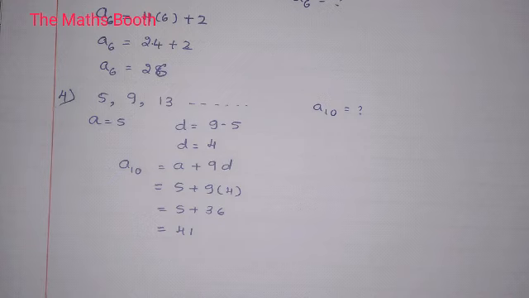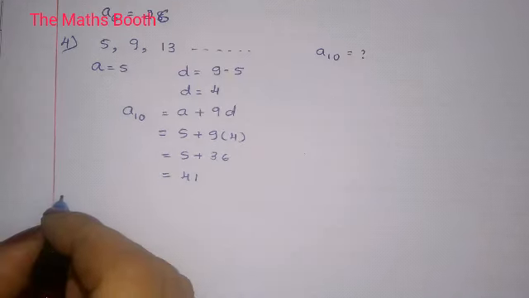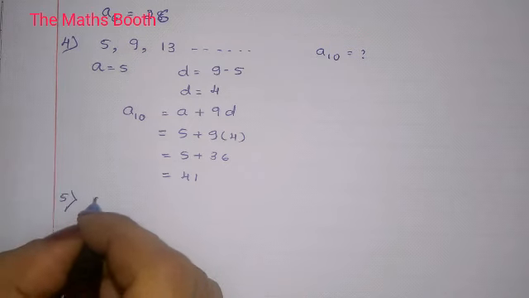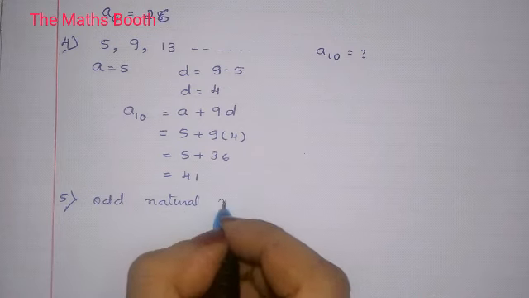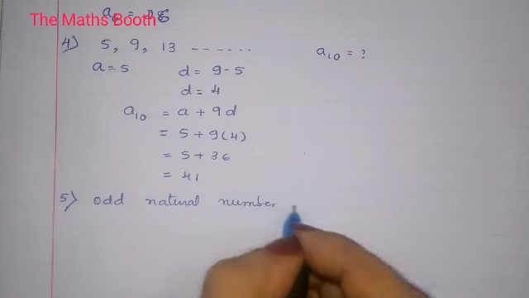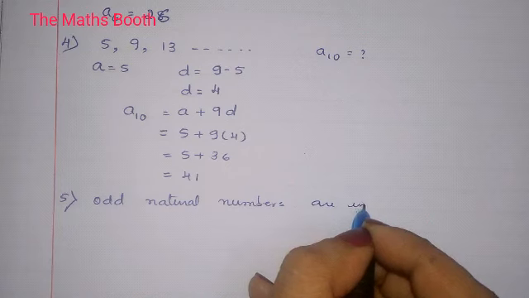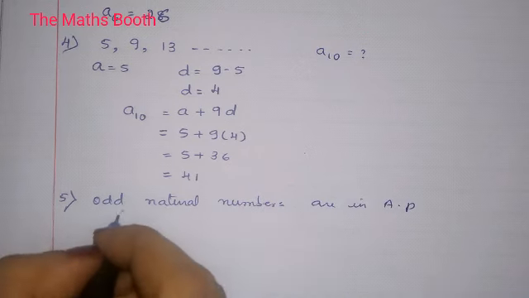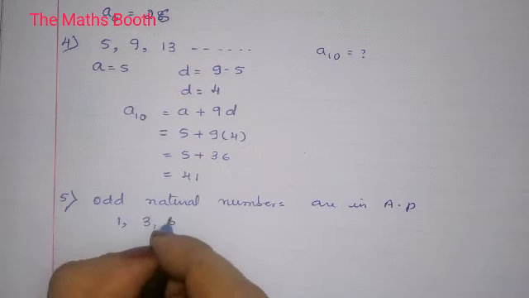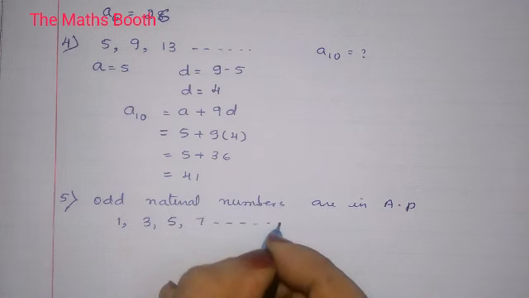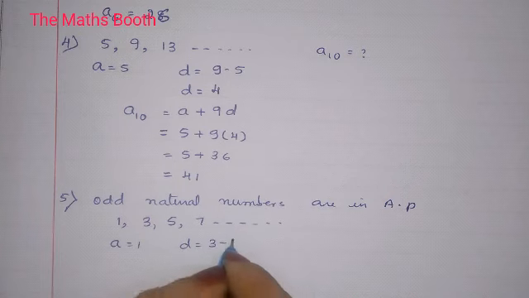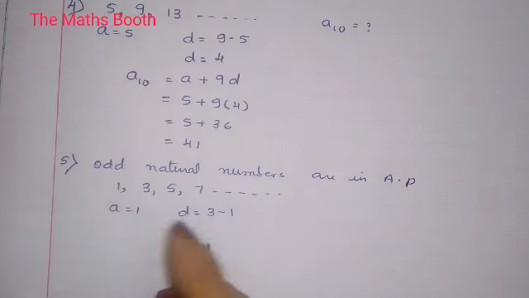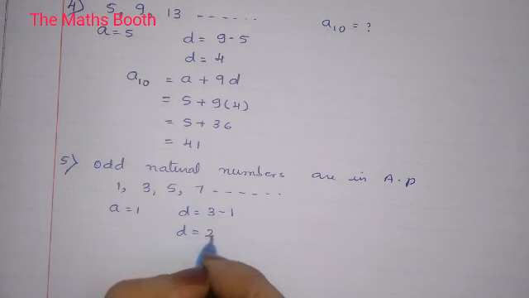The odd natural numbers are in AP, we know that: 1, 3, 5, 7, and so on. a is equal to 1. d is equal to 3 minus 1, second term minus first term. d is equal to 2.